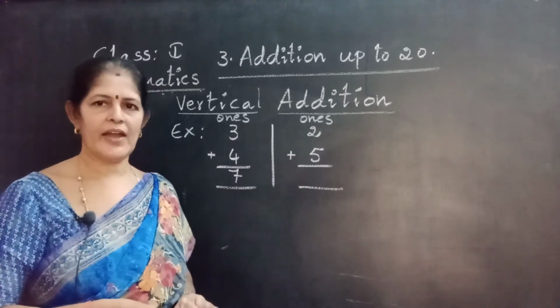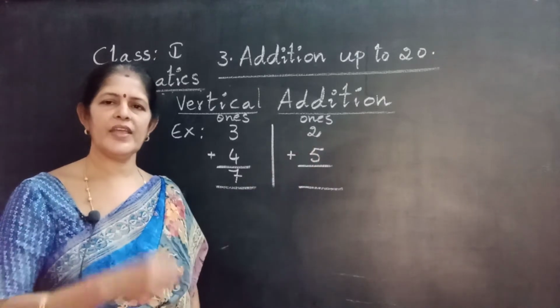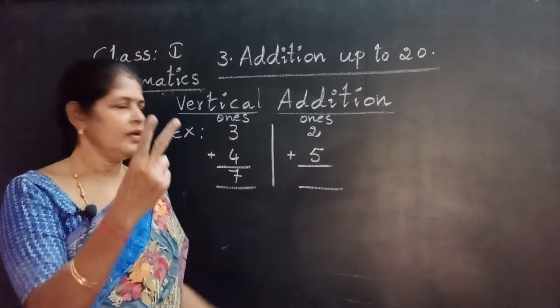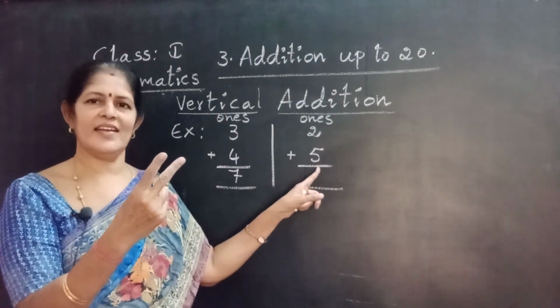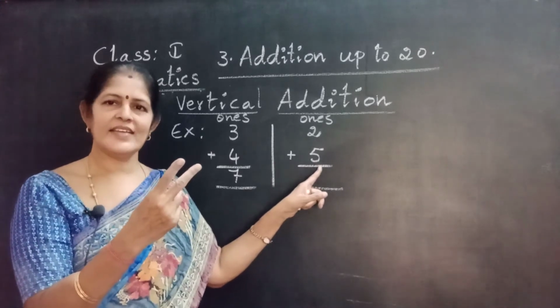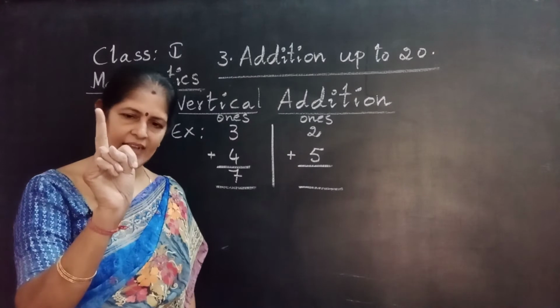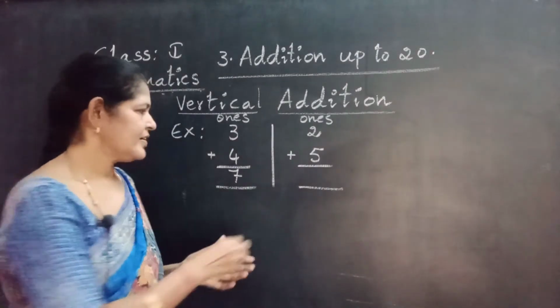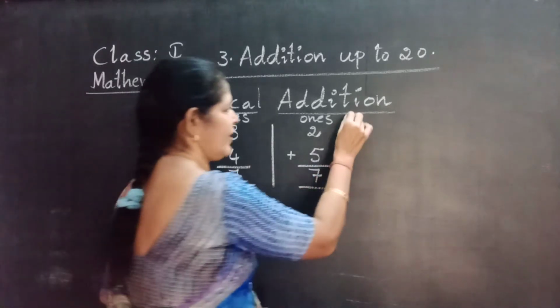Ready? Come on, do the process. What is the first number? 2. Take 2 fingers. 1, 2. Start counting. The second number is 5. That's why count after 5: 6, 7. 7 is the total. Another one.